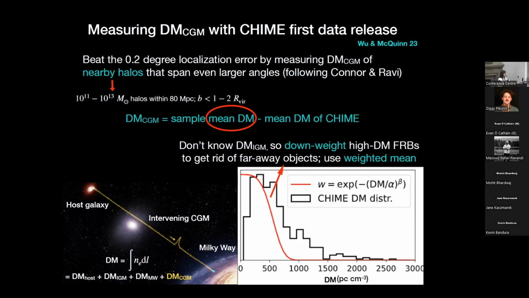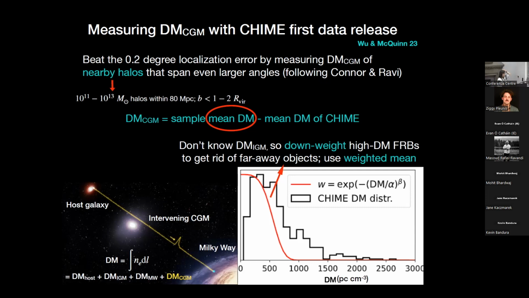So that means that you can have a huge high-DM tail in the DM distribution. In the right plot there, I'm showing the DM distribution of the entire CHIME sample as the black line. And you see the tail of the high-DM FRBs, and those are potentially very far away.